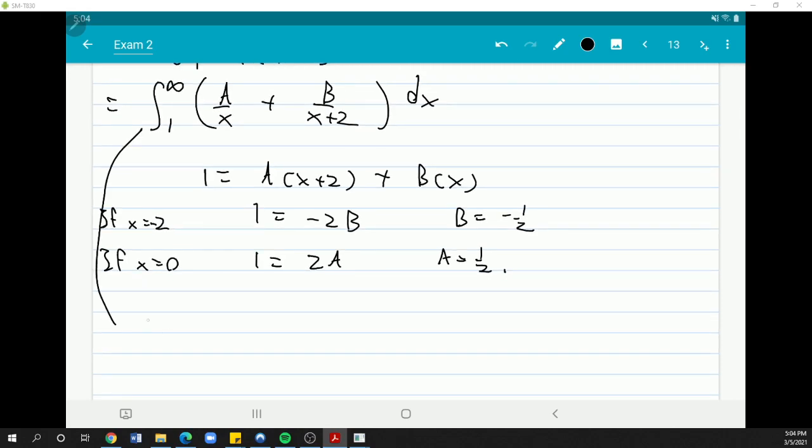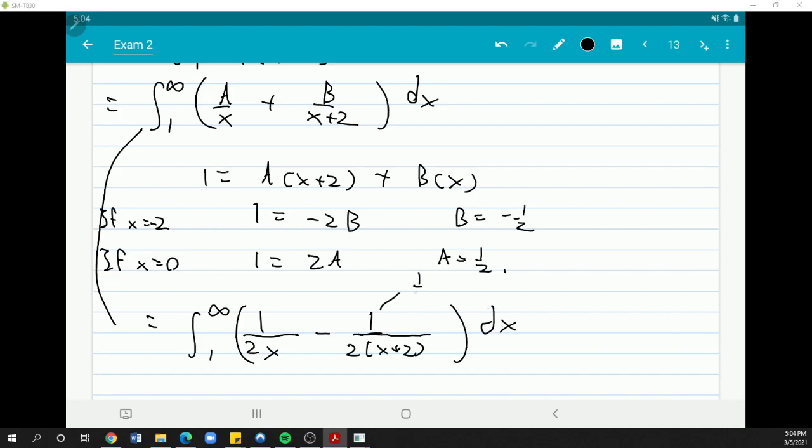So then this is the integral from 1 to infinity of, both of these are a 1/2 term, but let's wait on that, 1 over 2x plus, and by plus I mean minus, 1 over 2 times x plus 2, dx.